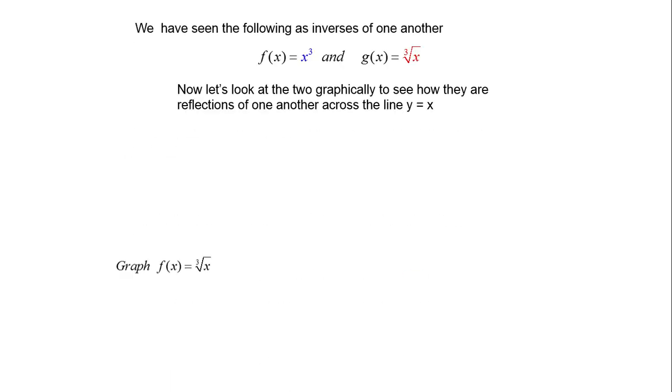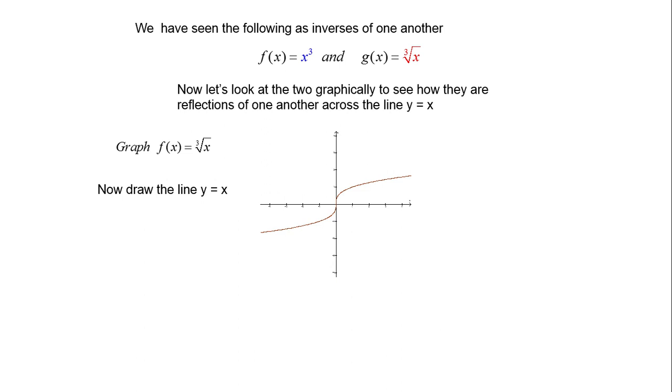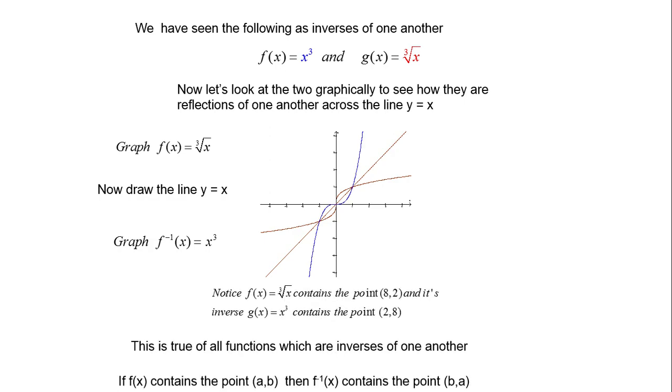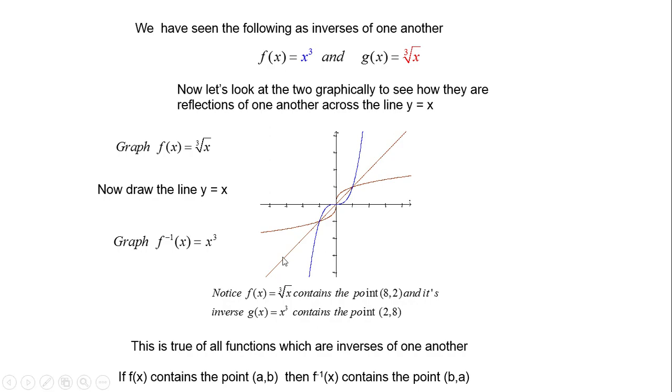The geometric representation of inverse functions is that they are reflections of each other across the line y equals x. And for every point AB on the function, its inverse would contain the point BA. Merely the x and y coordinates are flipped because the function is flipped across the line y equals x.